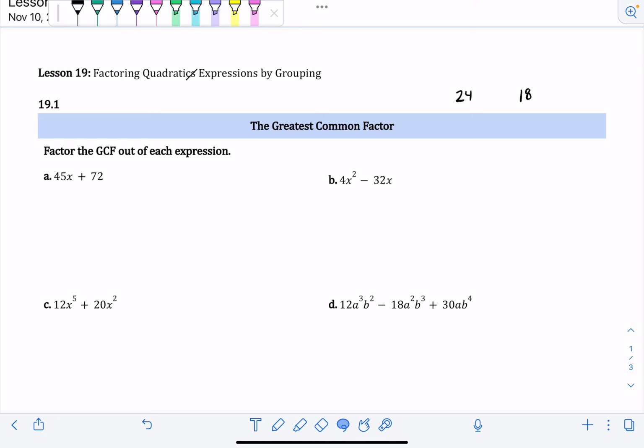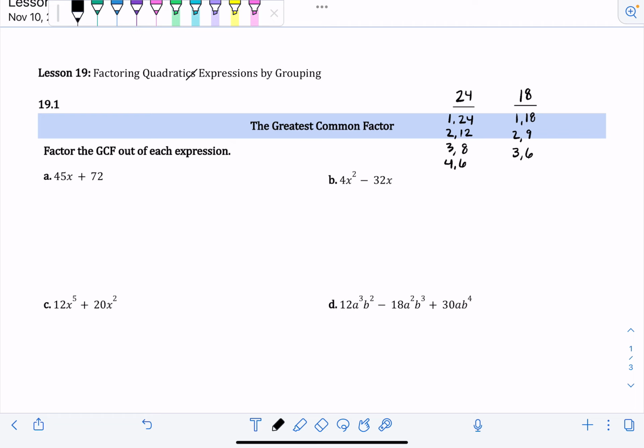Factors are numbers that multiply to get our final number. For 24, the factors are 1 times 24, 2 times 12, 3 times 8, 4 times 6. And for 18, the factors are 1 times 18, 2 times 9, 3 times 6.